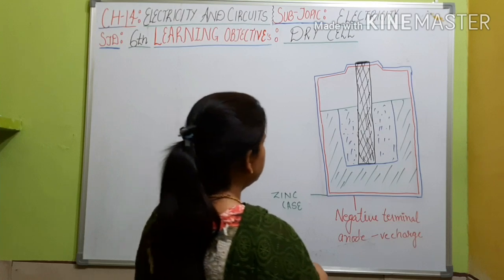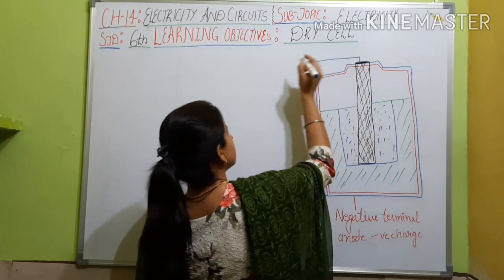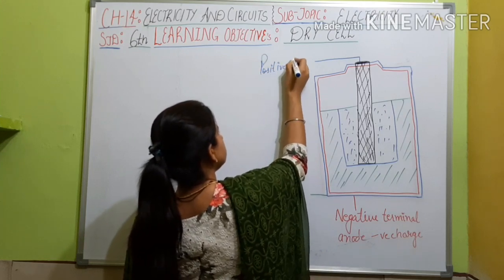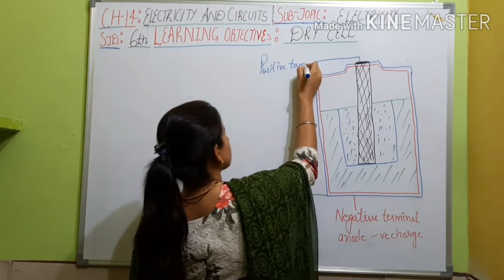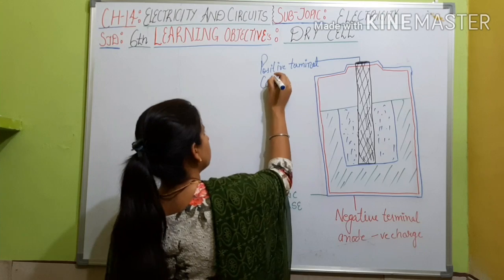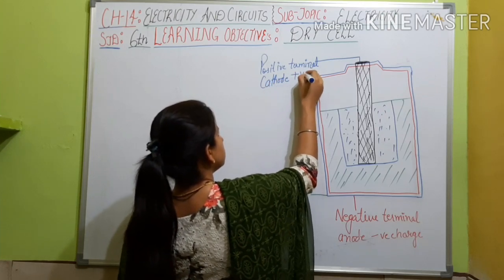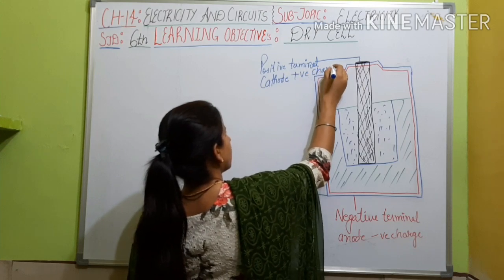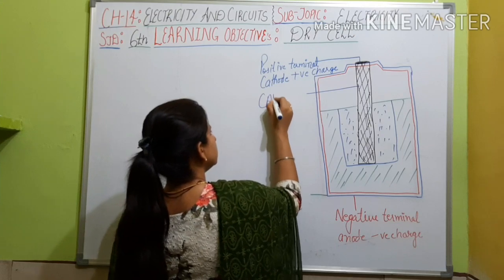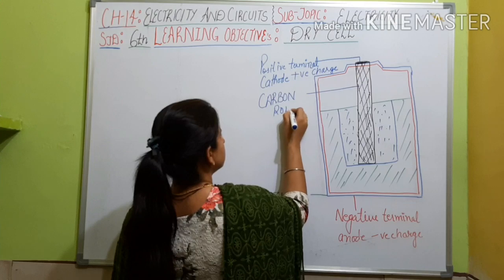The above rod-like structure is the positive terminal, and it is called the cathode, having positive charge, and actually it is a carbon rod.